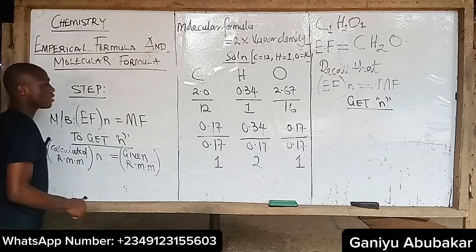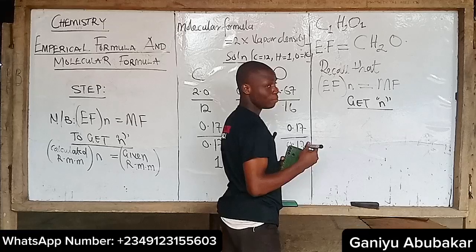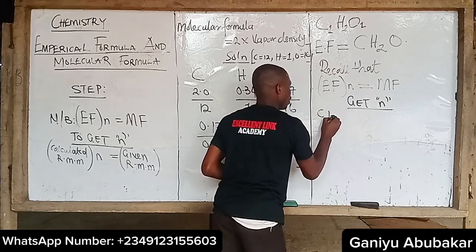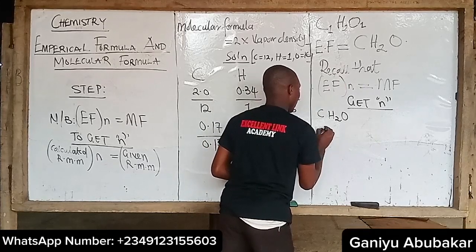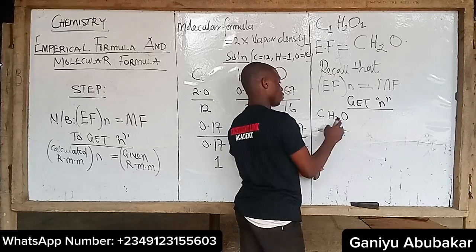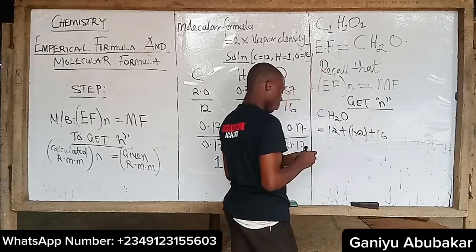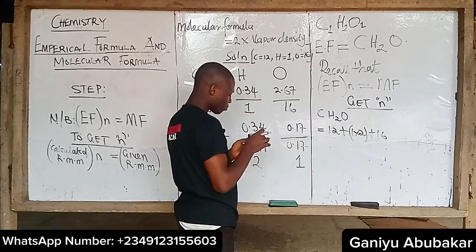To get n, we calculate the relative molecular mass. For CH2O, I have carbon is 12 plus hydrogen, just 1 multiplied by 2, plus oxygen, 16.